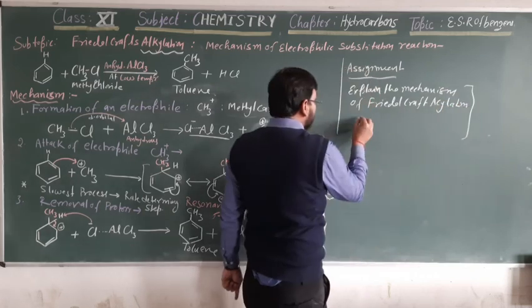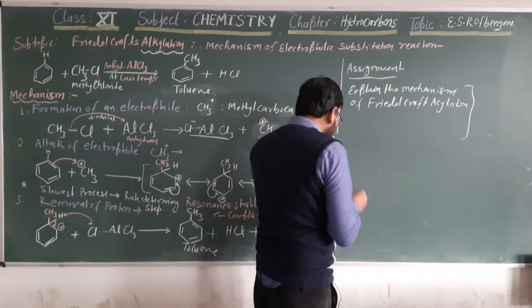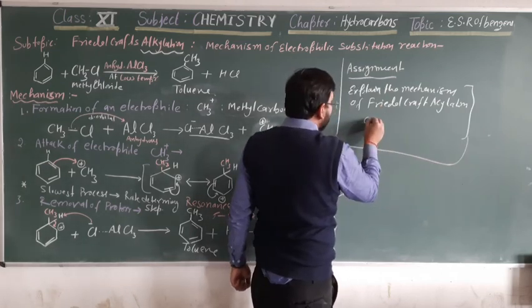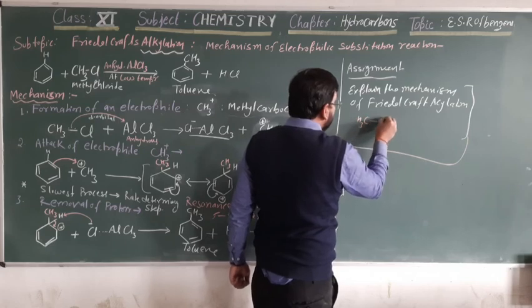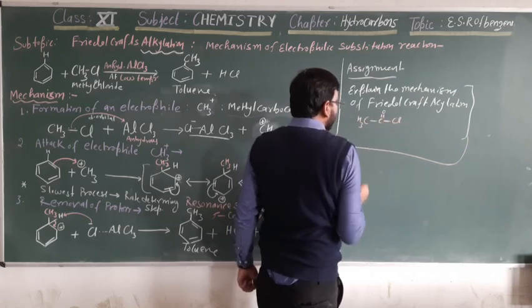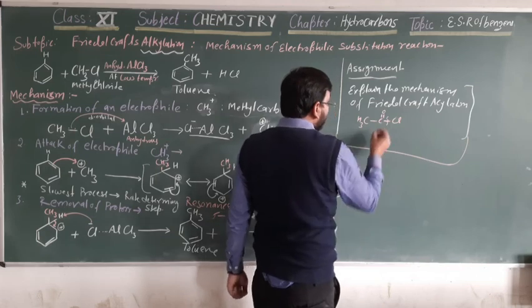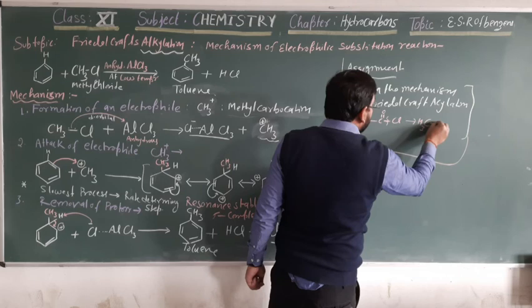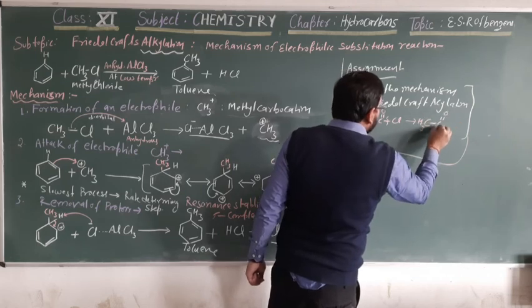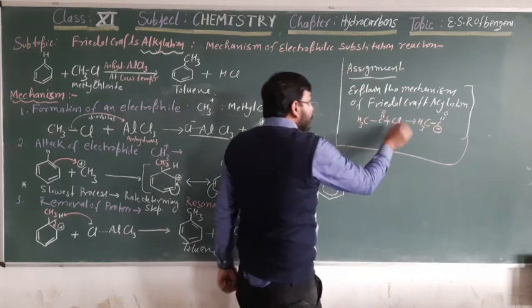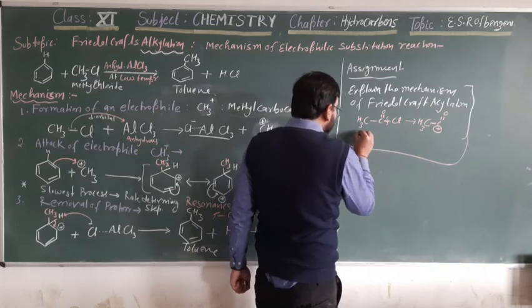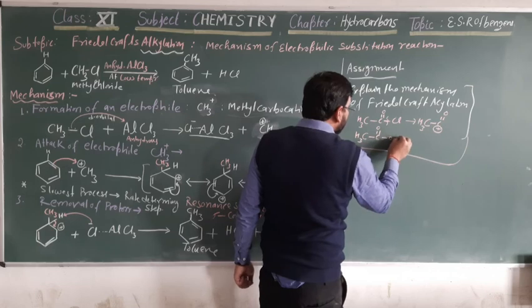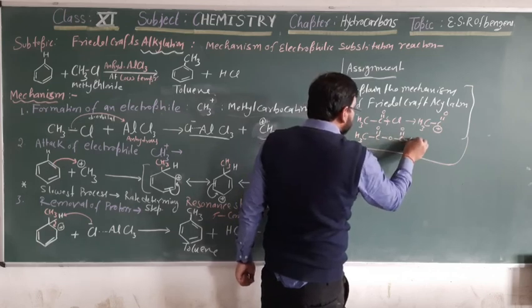I tell you, in the Friedel-Crafts acylation process, we will take any acyl chloride such as CH3COCl. From here it will break and the electrophile in this case will generate CH3C double bond O. This is an electrophile.